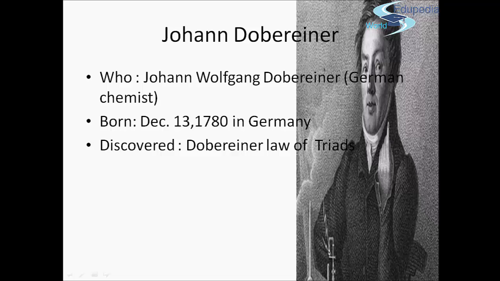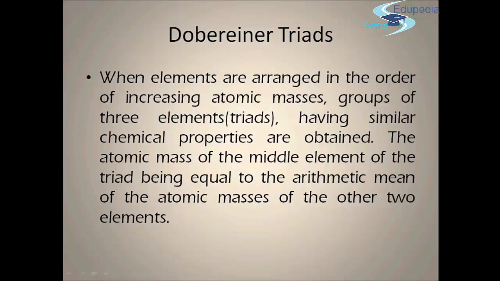In fact, Dobereiner was the first scientist to show the clear relationship between the property of an element and its atomic mass.